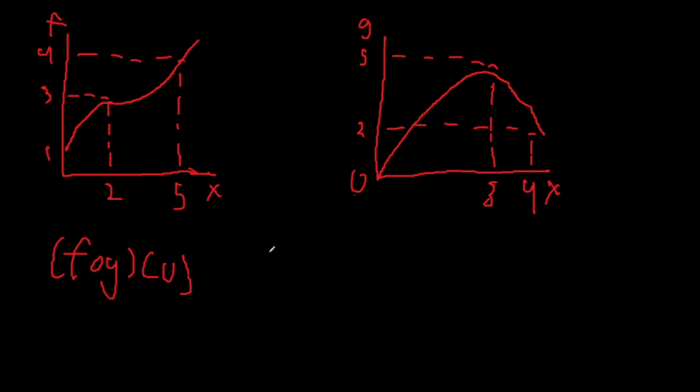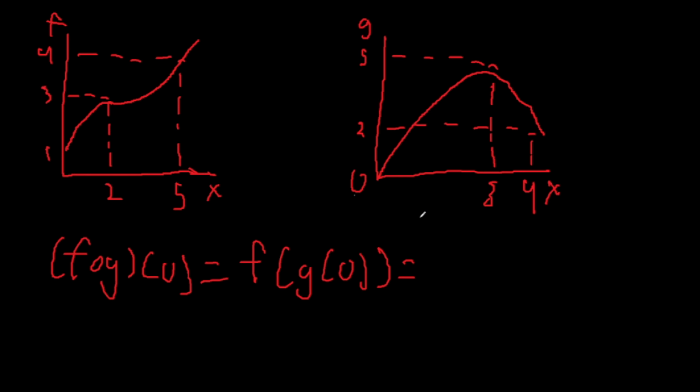So let's say you have f of g and x is 0, which is the same thing as saying f of g of 0. What you need to do is you start with the g of x graph, the one on the right, and you look at where x is 0.